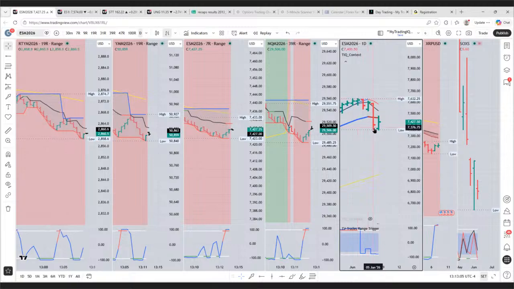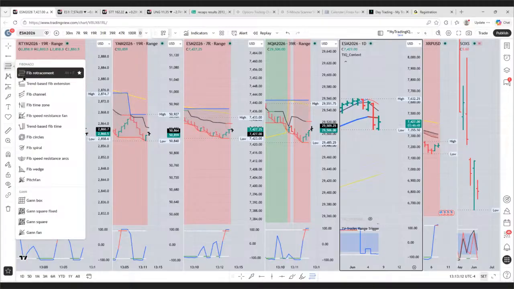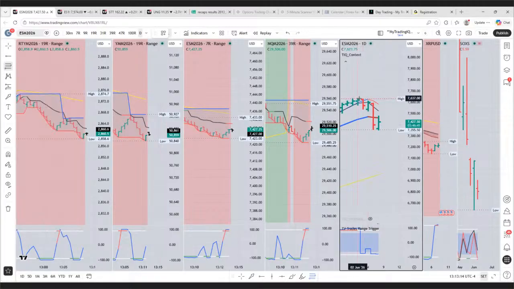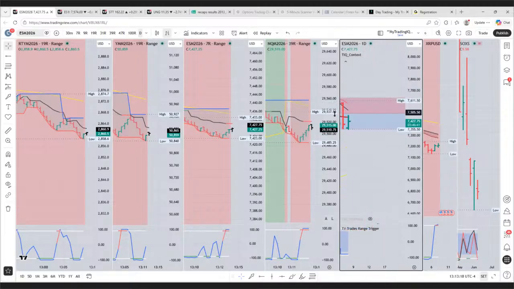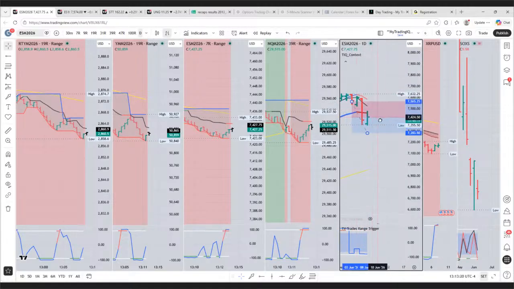It's actually from here to here is your leg length. This would be something like this. From there to there. 7,200. Now I don't know if that matches up with some weekly trading zones and things like that.